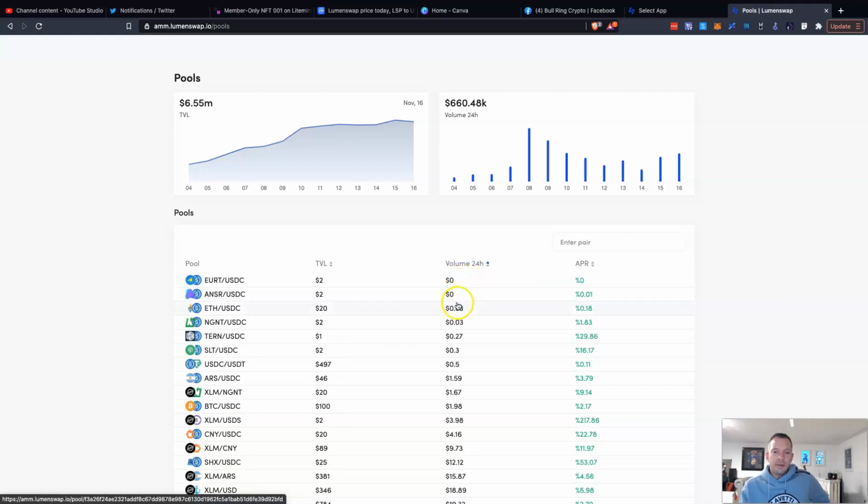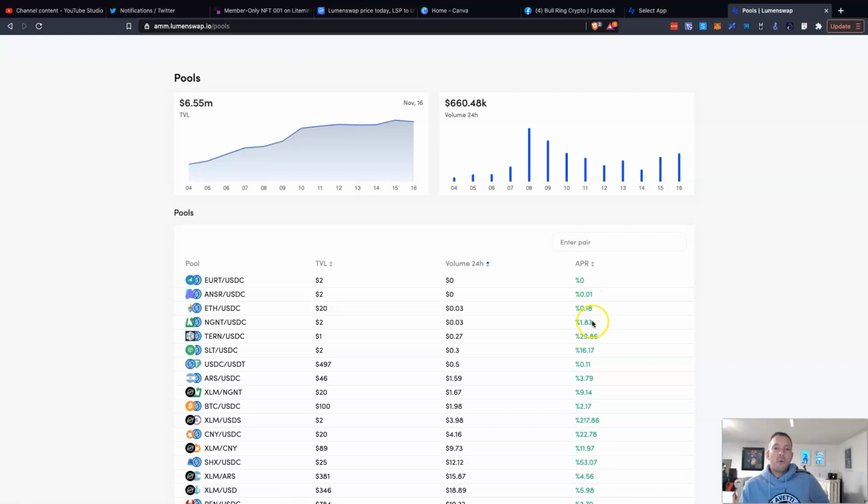So with some of these here, there has been a $2 TVL, no volume traded, no APR. Makes perfect sense. With this one here, there's been $1 TVL, 27 cents of volume in 24 hours, and it's given us some fees, hasn't it, based on the dollar. So those people that have that have got a percentage, right? And that's how I think it's working. You can see here, $2, very, very little, very low APR.